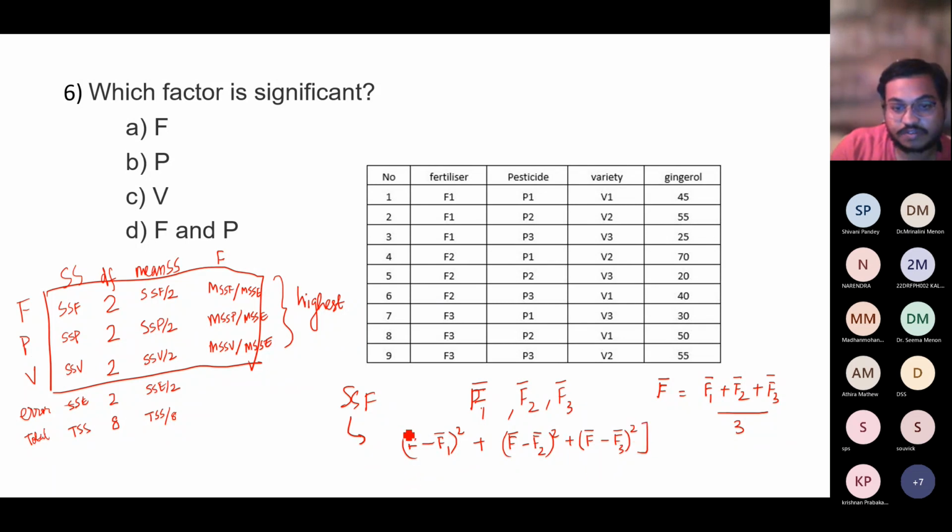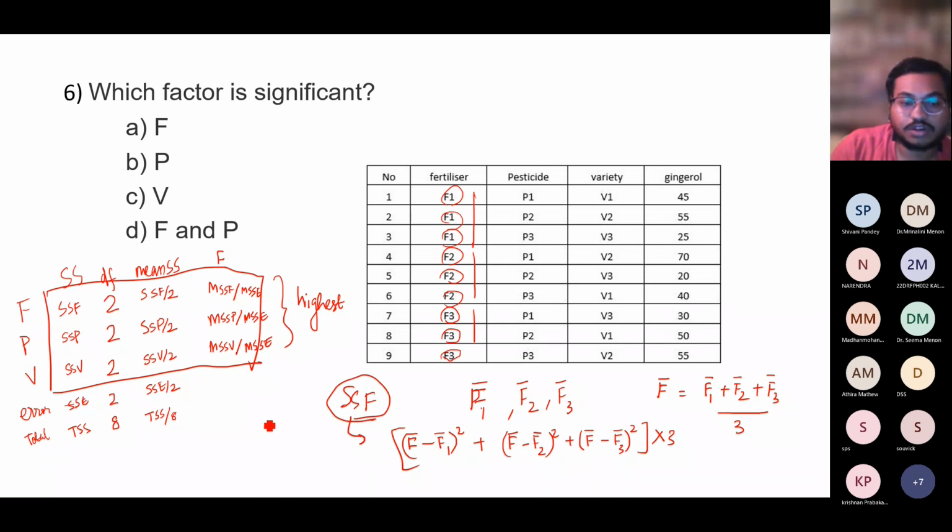Then we multiply this value by 3 because we have 3 data points for each fertilizer: 3 for fertilizer 1, 3 for fertilizer 2, and 3 for fertilizer 3. That's how we get the sum of squares for fertilizers.